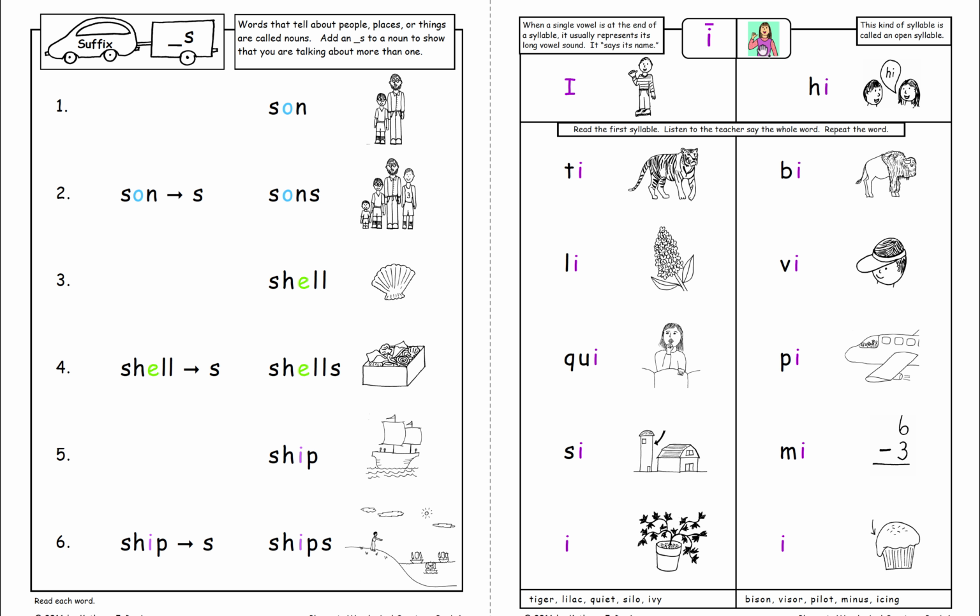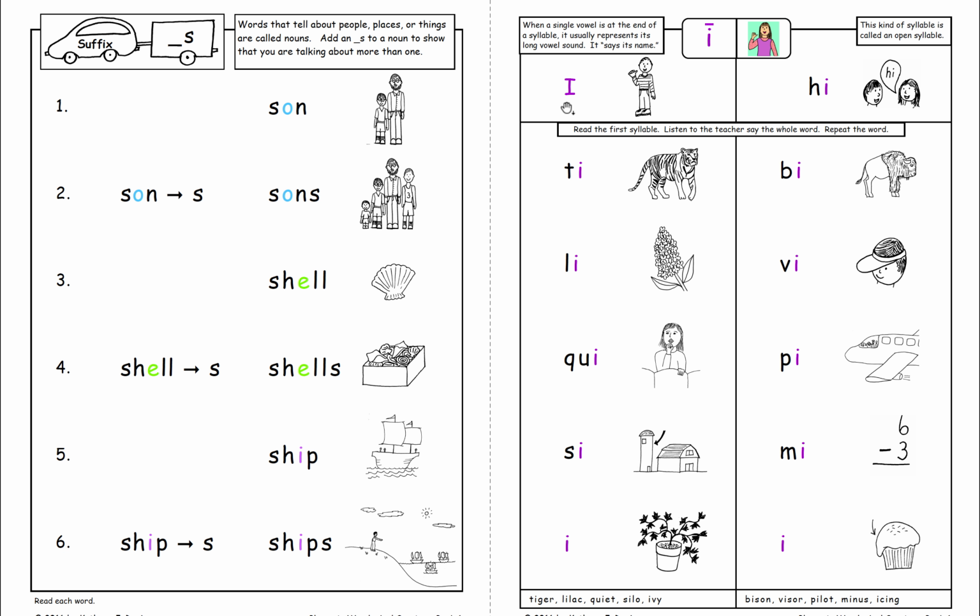This kind of syllable is called an open syllable because the I is not closed in by another consonant that follows it. It may have a consonant before it or not, but as long as there's no consonant after it, it's going to show us the long I sound, because it's an open syllable.